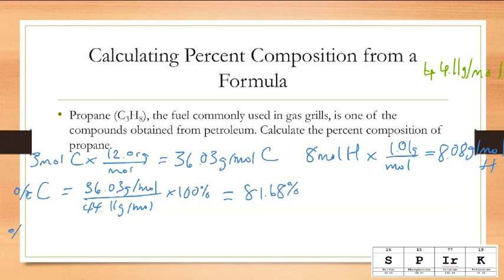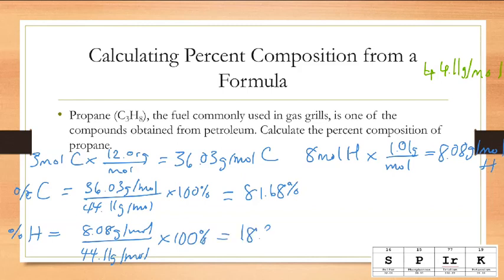And now we need to do the same thing for the hydrogen. So 8.08 grams per mole per 44.11 grams per mole of the compound times 100%, and that's going to give us 18.32%. So propane is 81.68% carbon and 18.32% hydrogen.